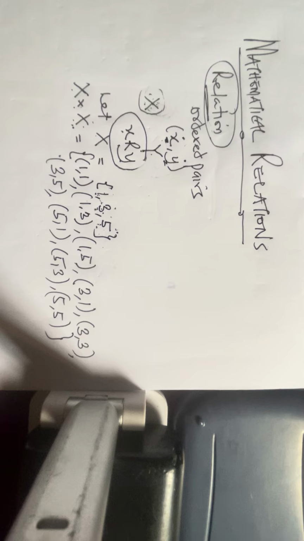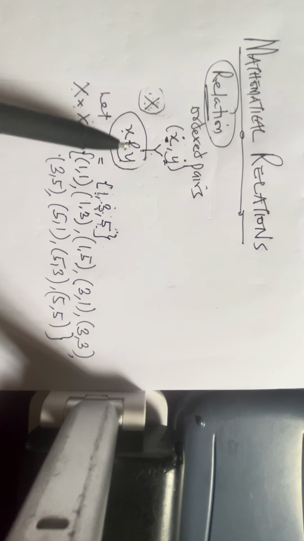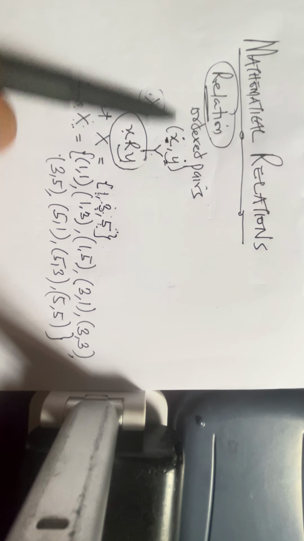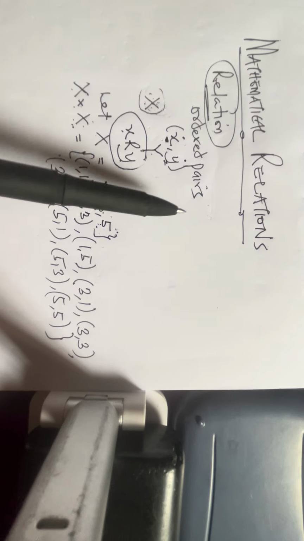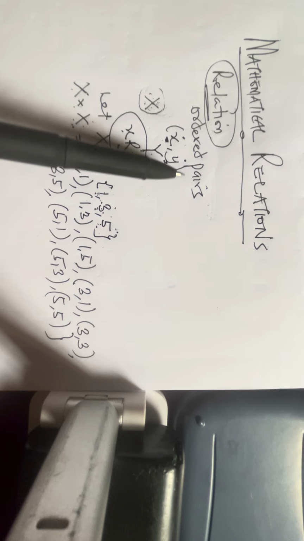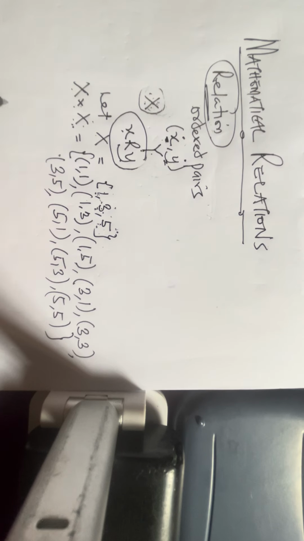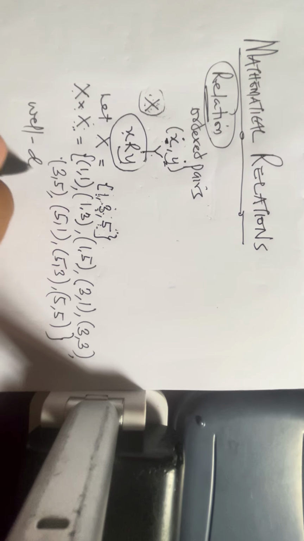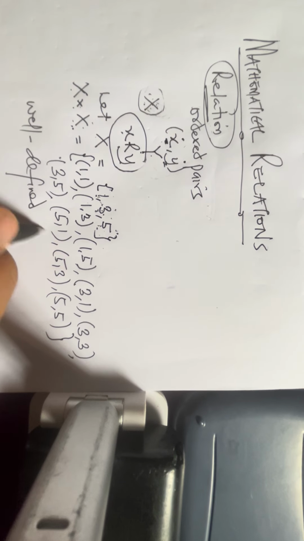If we want to make this completely a relation, remember that the definition is that a relation is a set of ordered pairs in which elements of a set X are assigned to elements in Y by a well-defined rule. So there must be a well-defined rule.